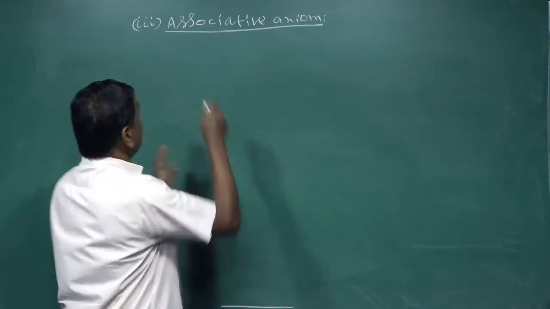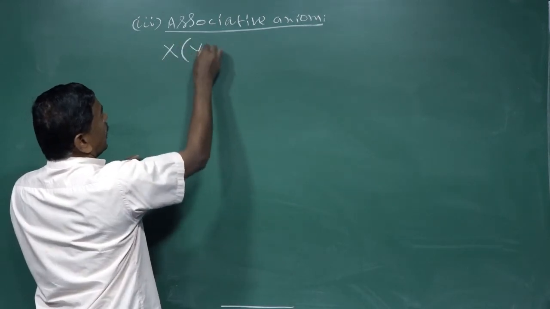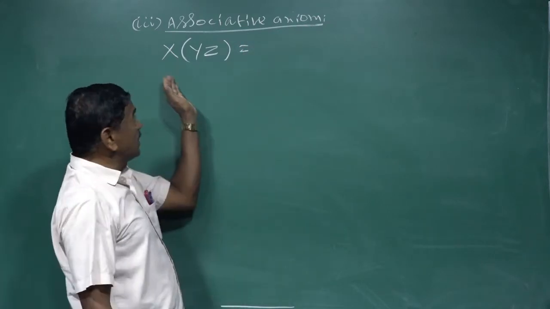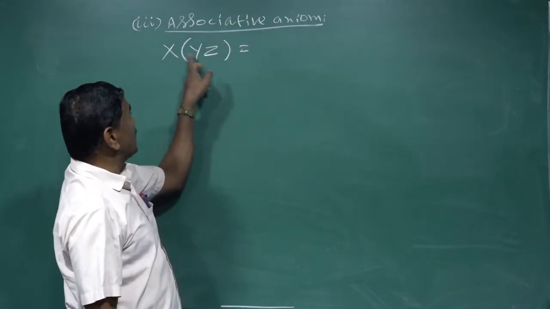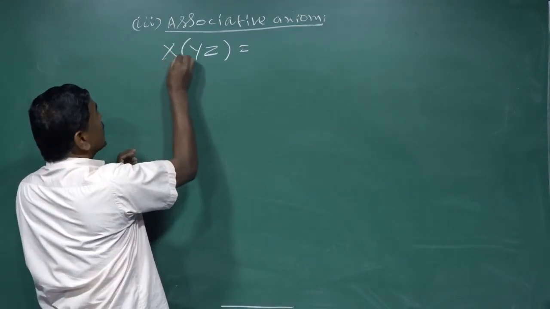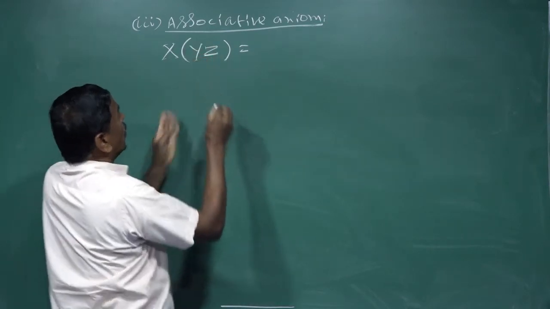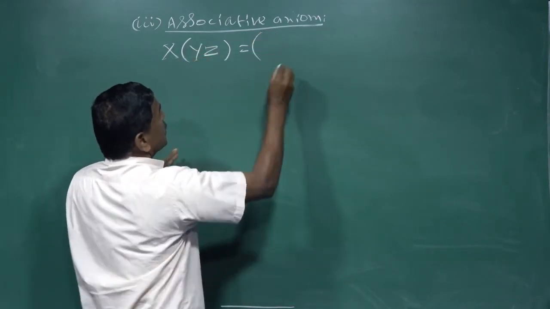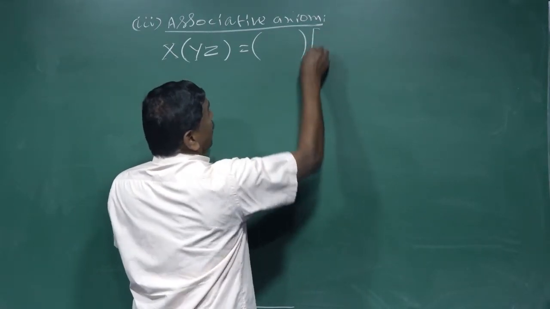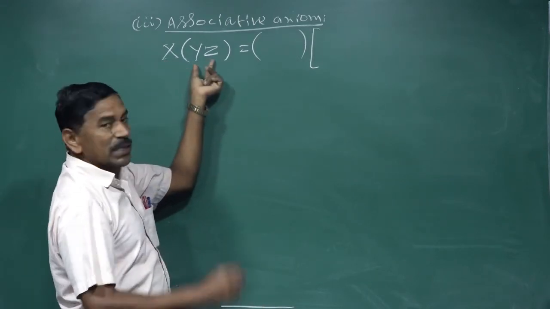Now listen, first X into YZ is equal to capital X, capital Y, capital Z. That is very important: the matrices are given by capital letters. Which is equal to X matrix into square bracket open, because here X is outside, and Y and Z are inside the bracket.